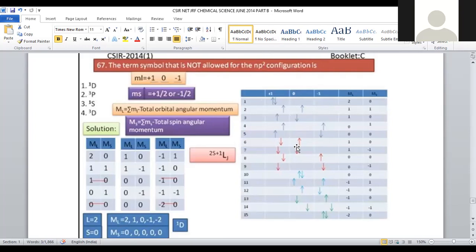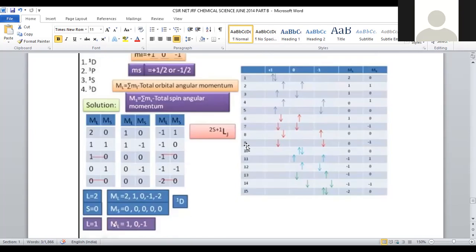So all possible combinations we will try. So when we arrange 2 electrons in the +1 level only, then term symbol will be assigned for this. The term symbol formula will be L to the power 2S plus 1, and the subscript will be J. 2S plus 1 is called spin multiplicity, L is called term symbol, J is the symbol which is given by L and S values, right?